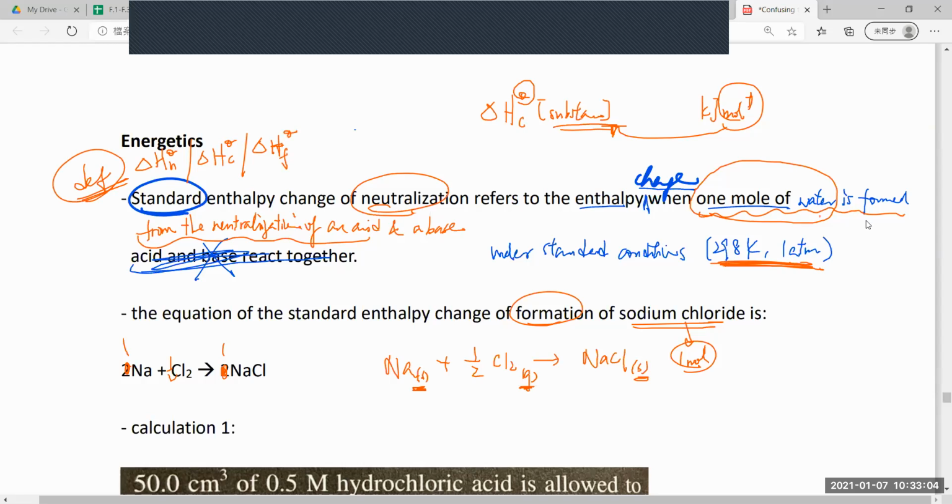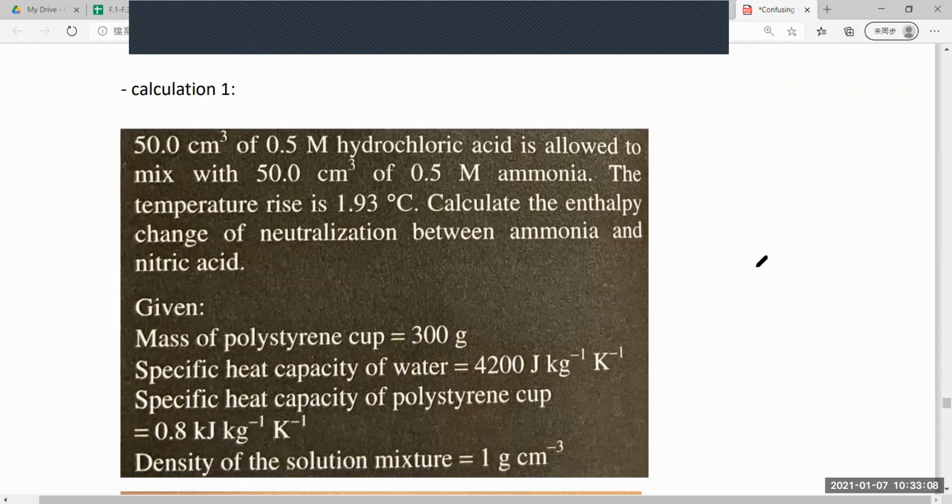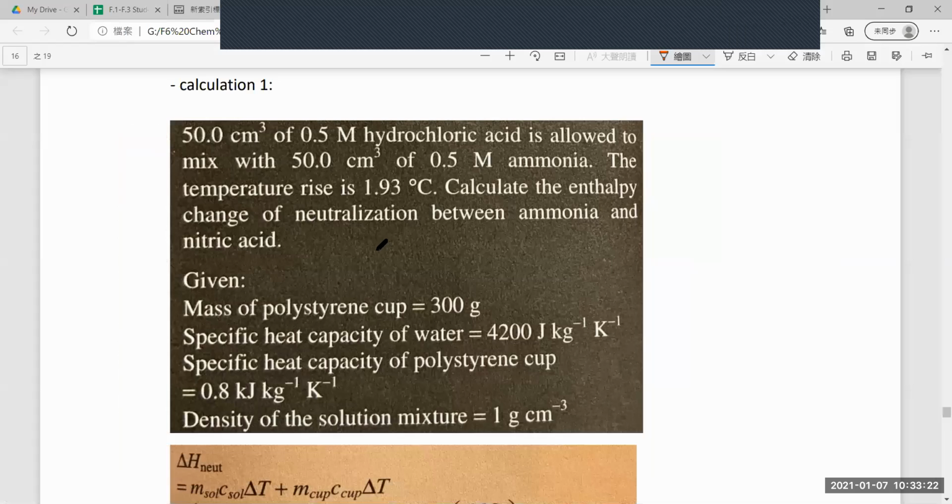Okay, got it? 好，下一個咯喎，難啊，開始呢啲，因為咧要評價下人哋喺度計錯啲乜啊。咁呢度咧可以嗱，要少少時間 digest 下，究竟人哋錯啲乜啊？就係呢條啦，calculation 1: 50 cm cube of 0.5 hydrochloric acid is allowed to mix with 50.0 cm cube 0.5 molar ammonia.